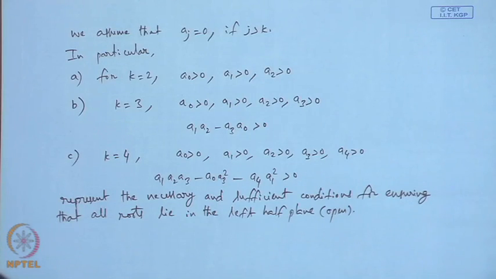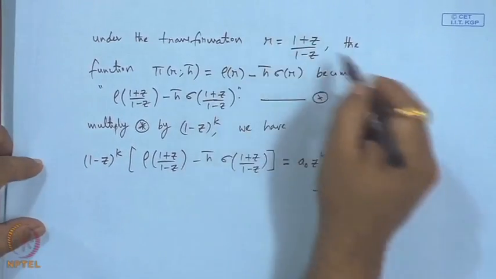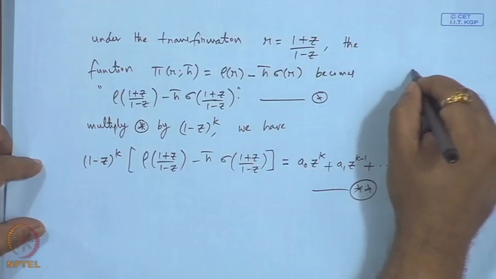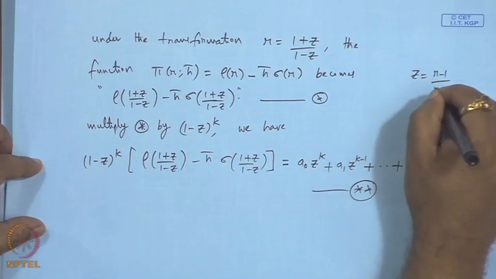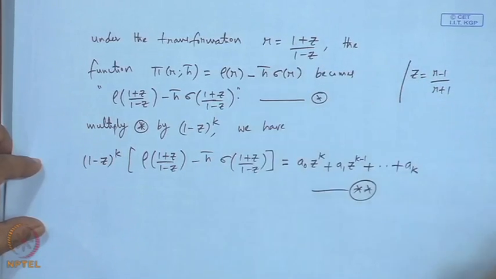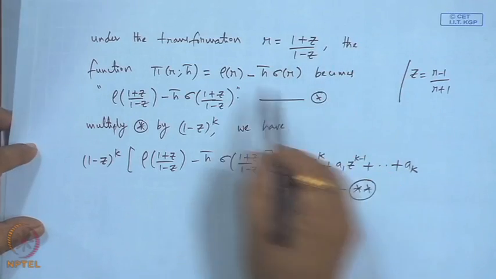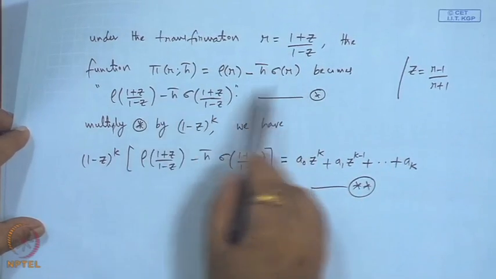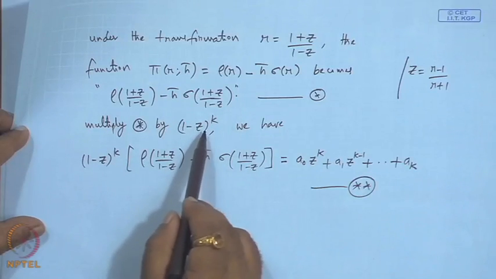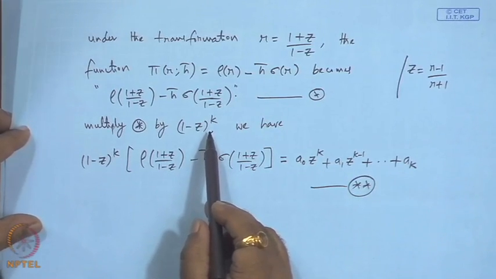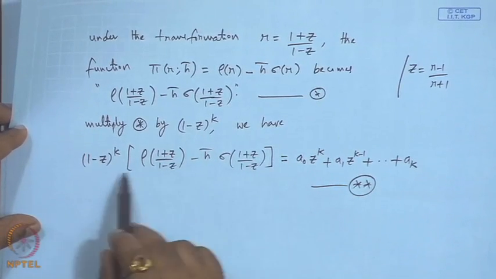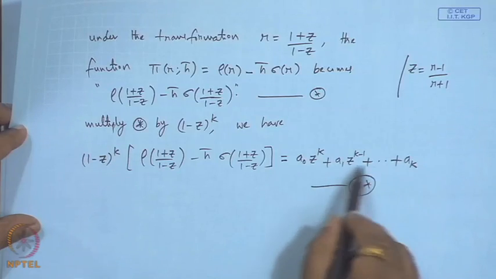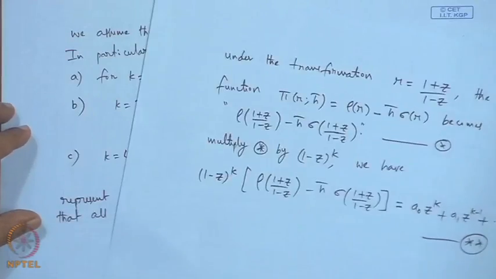So, to start with, we have used a transformation. What was the transformation? Z equals r minus 1 over r plus 1, and the inverse of this is this. Under this transformation, the stability polynomial reduces to this, then we multiply by this factor, as a result of the linear multi-step method of order k, to get a polynomial in z.